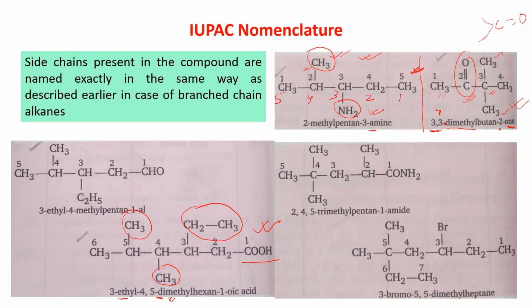Am I clear? So M, methyl, and E, ethyl. Out of these 2, ethyl, E, is coming first. So in alphabetical order, I will write 3-ethyl, 4,5-dimethyl, hexane because it is a 6-member chain.